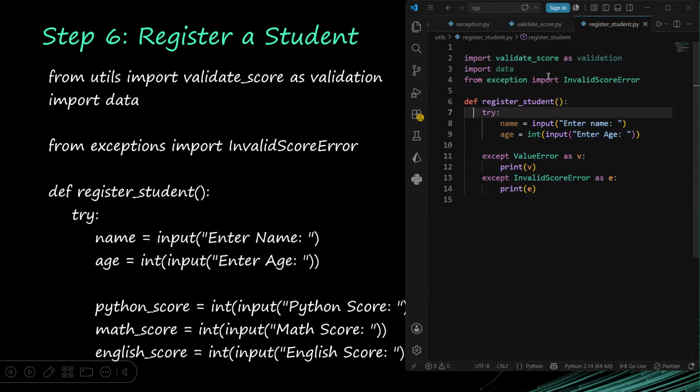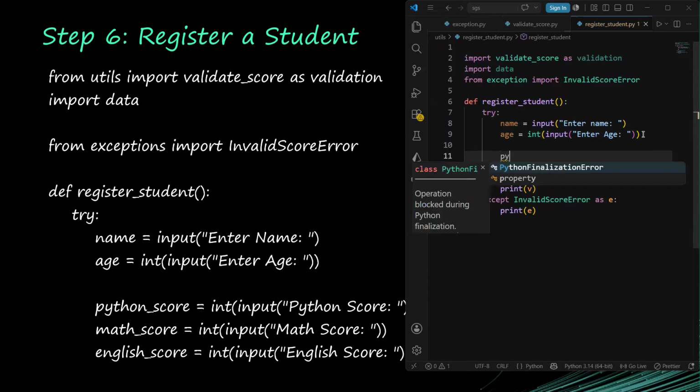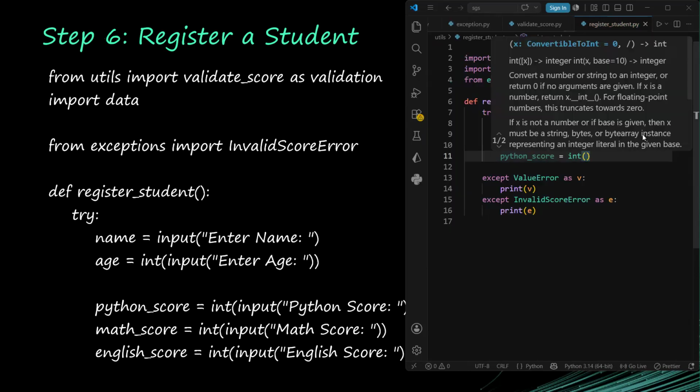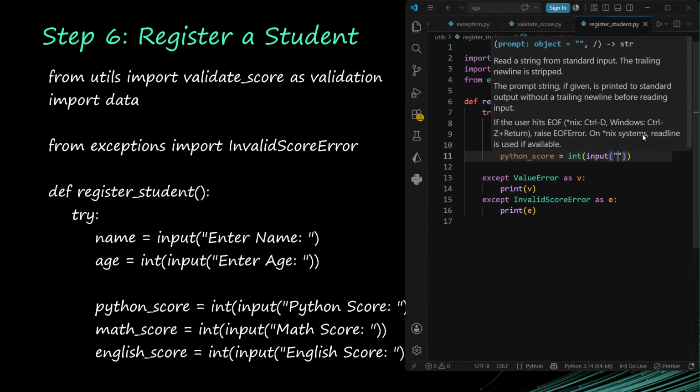So now we would also ask the user to give us the student's Python score, and then we are still going to convert it to an integer, input Python score.